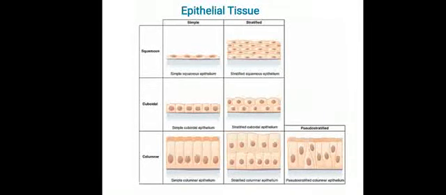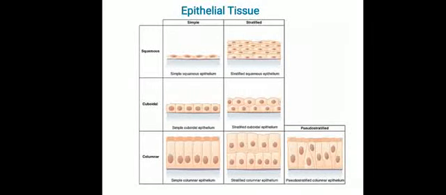Whereas stratified epithelial tissue belongs to the category of tissue that has two or more layers of cells. Two or more layers of cells give us what is called stratified epithelial tissue.